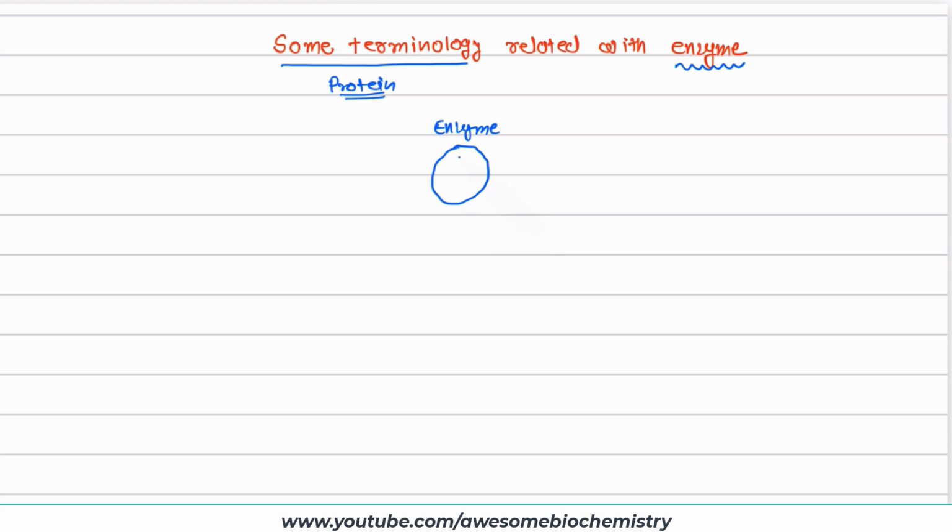However, the larger part is made up of protein, but a very small fragment, let's say this much, is made up of a non-protein part. Whereas this larger fragment is, of course, made up of protein. So we can say that many enzymes are not made up of only protein, rather protein plus a non-protein part.